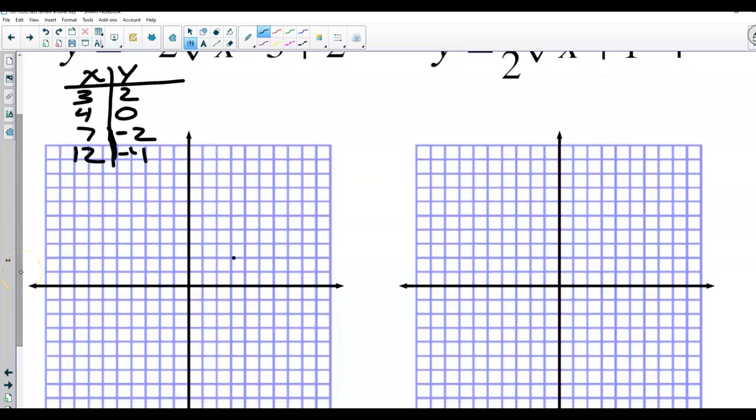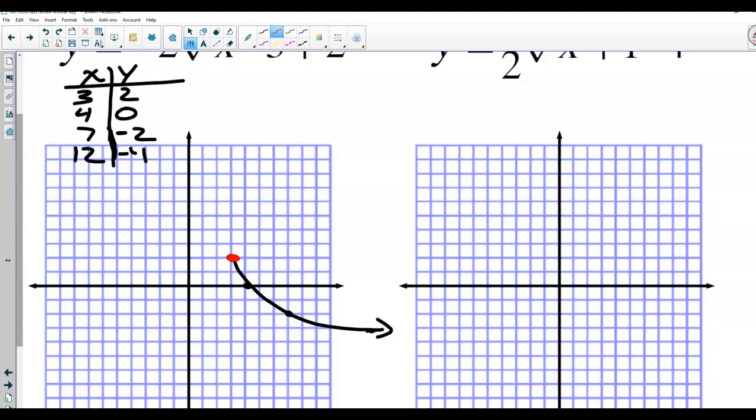Now, for the sake of the video, I understand that on the packet you got, the 2 was a positive, so I will draw that graph as well. Okay, we have 4, 0, we have 7, -2, and 12, -4 is somewhere out here. If you want the answer from the packet, unfortunately I wrote a positive 2 there, but I did want it to be negative.